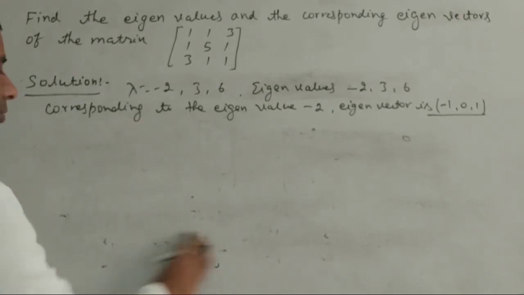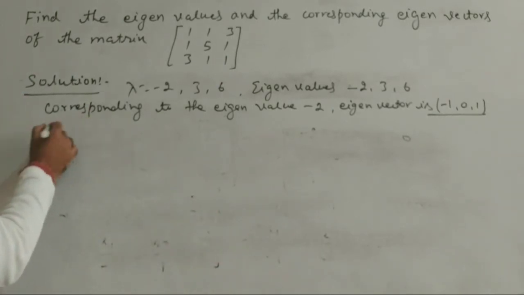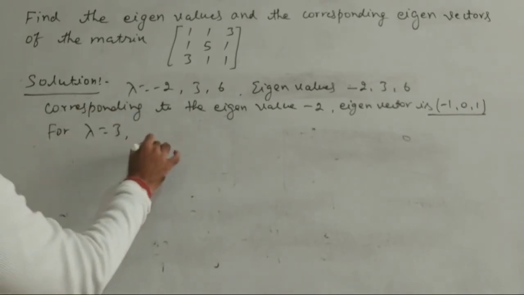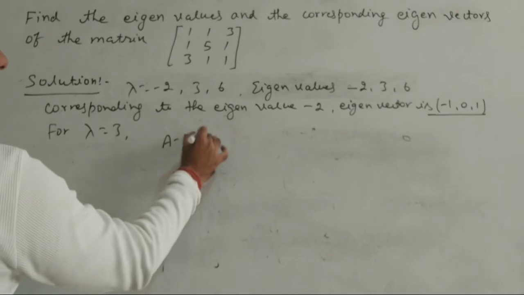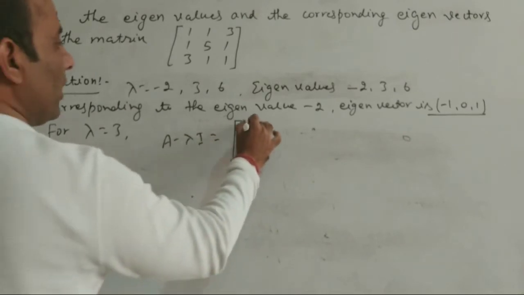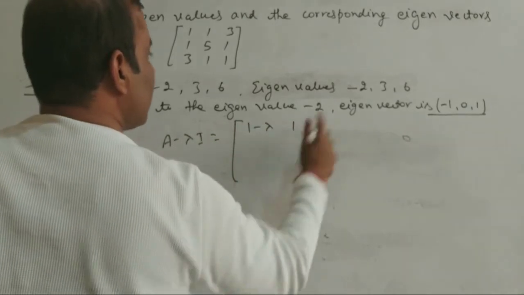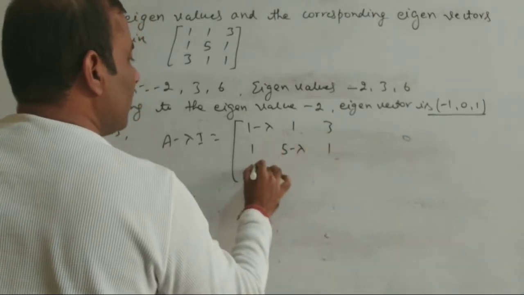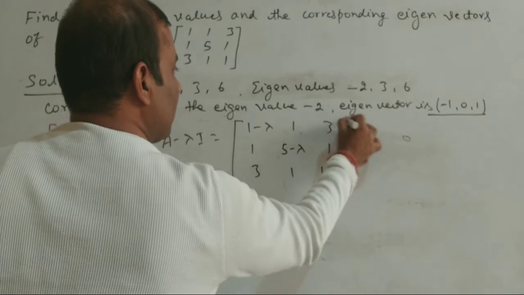Now for lambda equals to 3, we have A minus lambda I, that is 1 minus lambda, 1, 3; 1, 5 minus lambda, 1; 3, 1, 1 minus lambda.